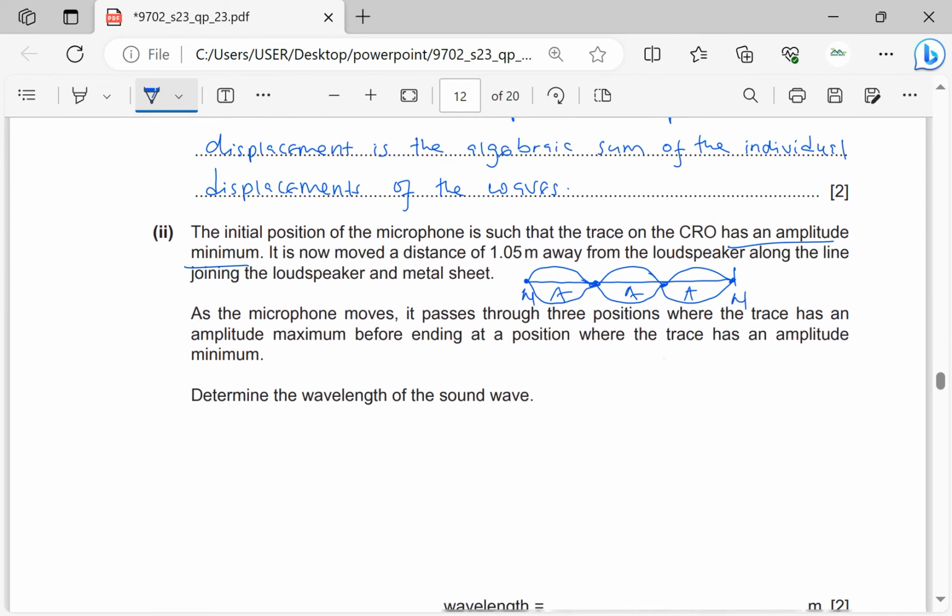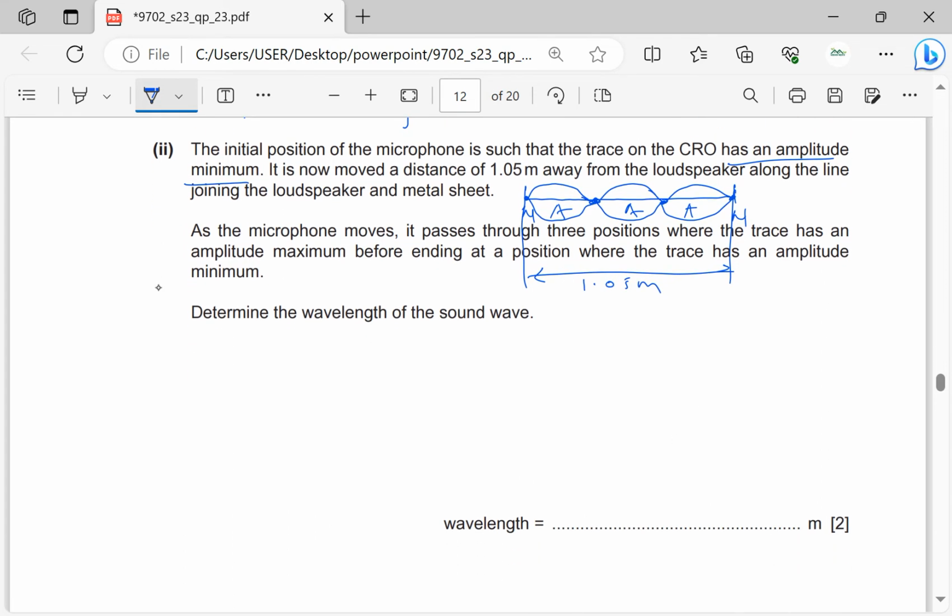Determine the wavelength of the sound wave. The distance from the starting point to this point was 1.05 meters. You see that this is a half plus a half plus a half, so that is 3/2 of the wavelength.